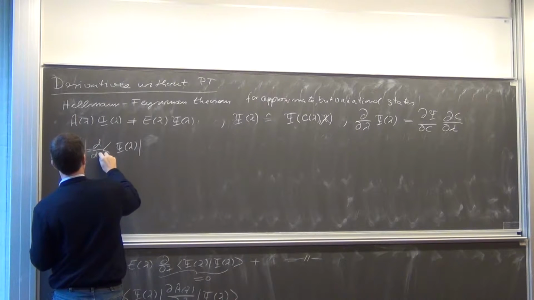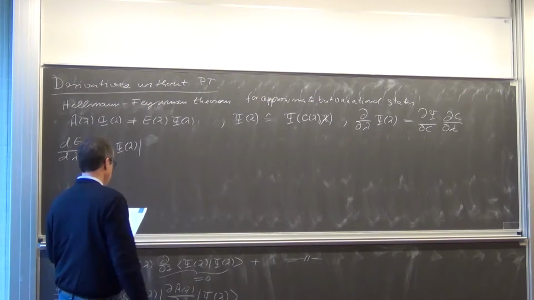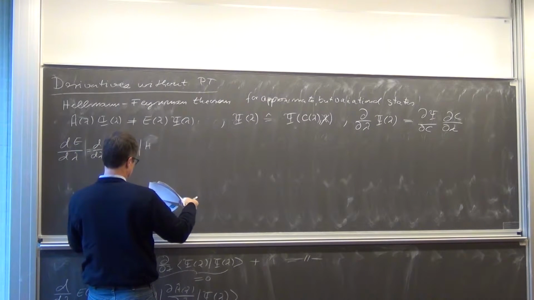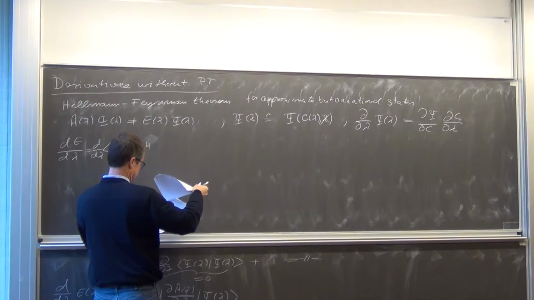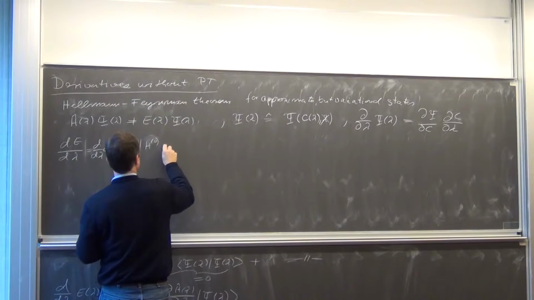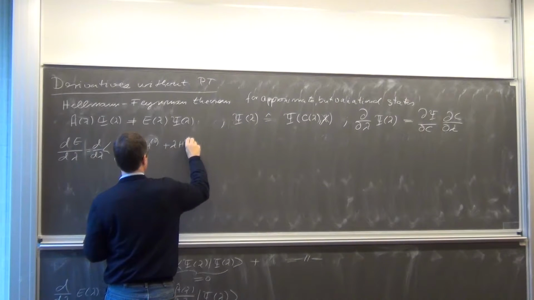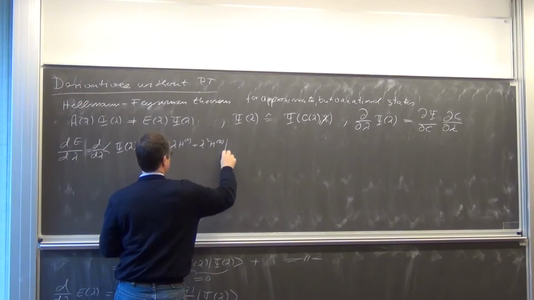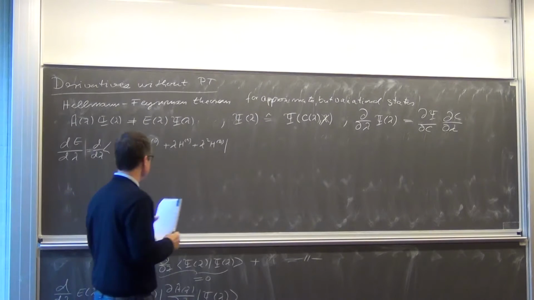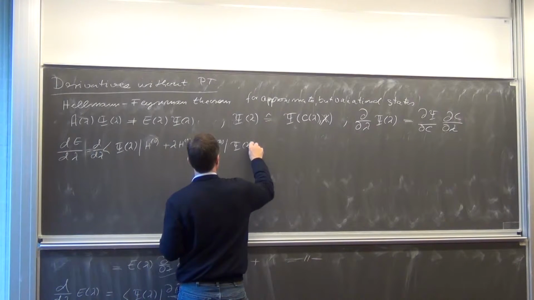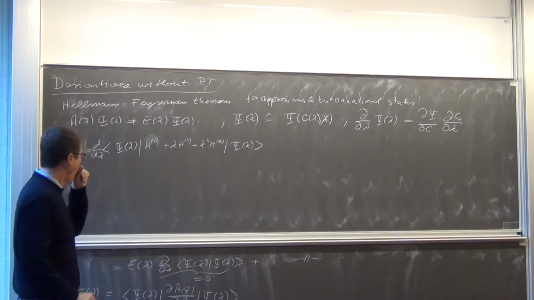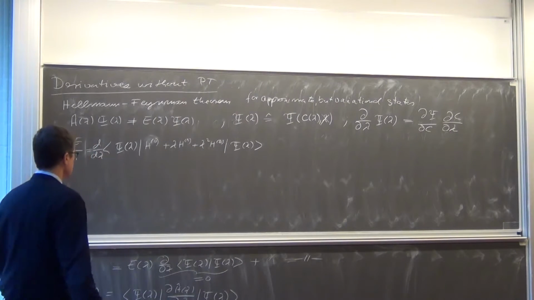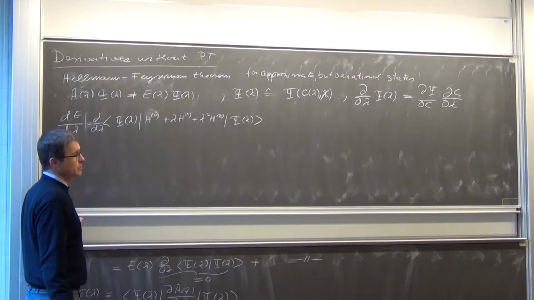So I take the derivative with respect to lambda, and my Hamiltonian then consists of a zeroth order Hamiltonian, how did I write that before? Okay, so a zeroth order Hamiltonian plus lambda times a first order Hamiltonian plus lambda squared times a second order Hamiltonian. So that's my H of lambda, written out with the kind of perturbation Hamiltonian we are actually looking at.